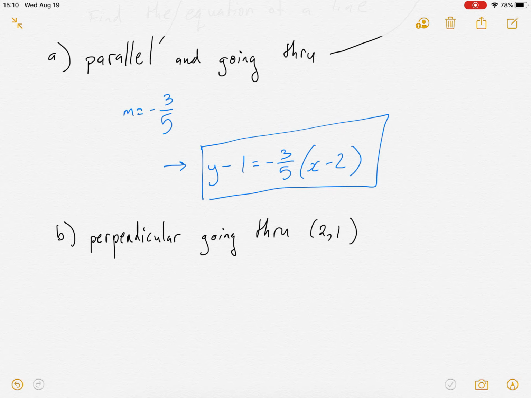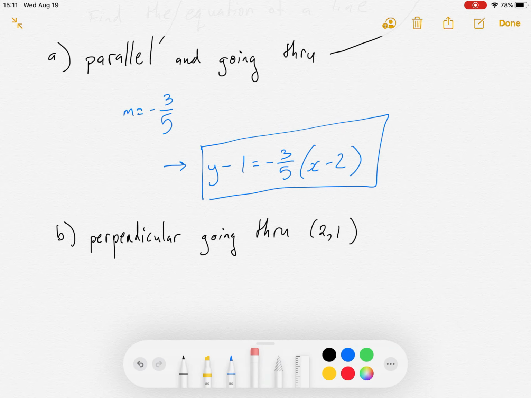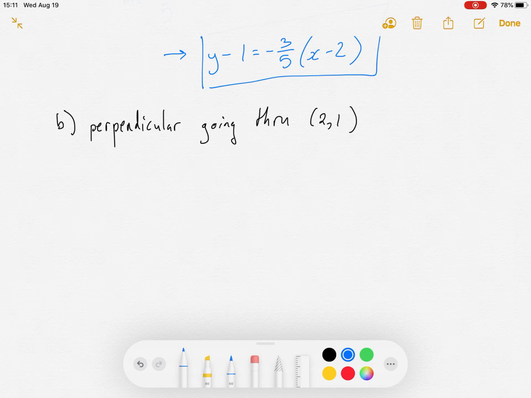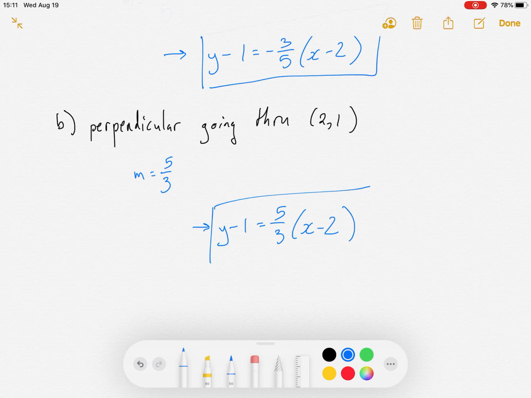Okay. So now in this case, the slope is going to be positive 5/3 rather than negative 3/5. And if we're doing point slope again, because it's fewer steps, we're going to have y minus 1 equals positive 5/3 times x minus 2. And that is the answer.